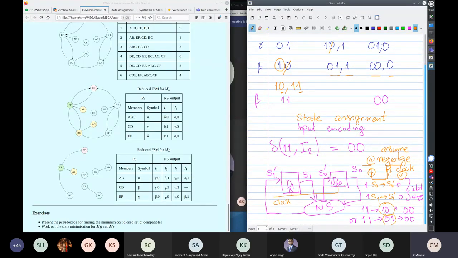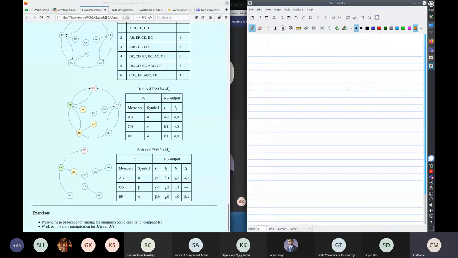So there is an advantage of the synchronous design. So what is an advantage of synchronous design? Let us just write. Synchronous design. So what is an advantage?